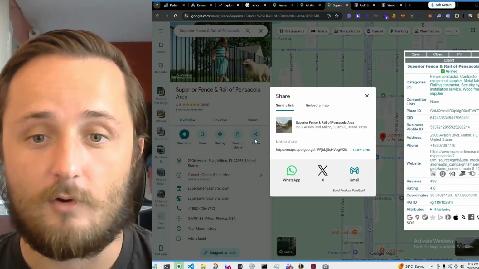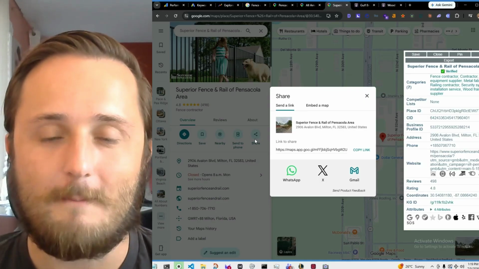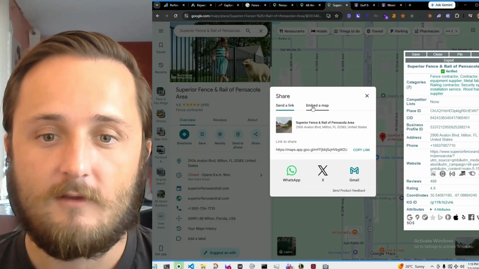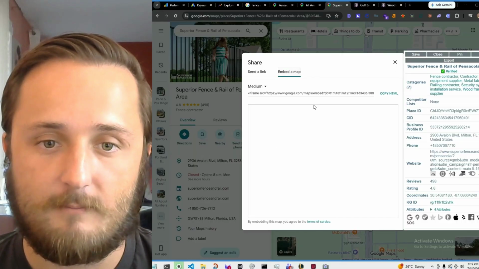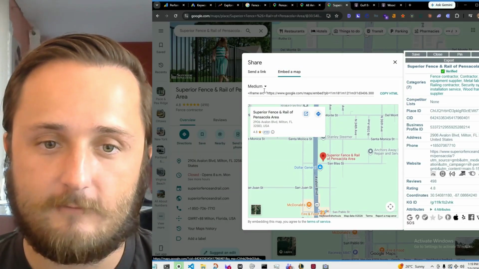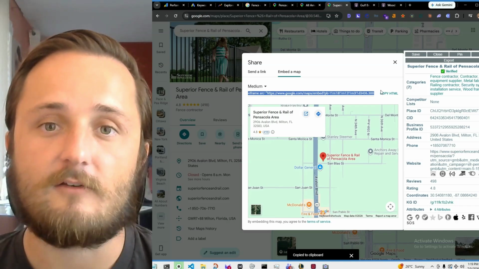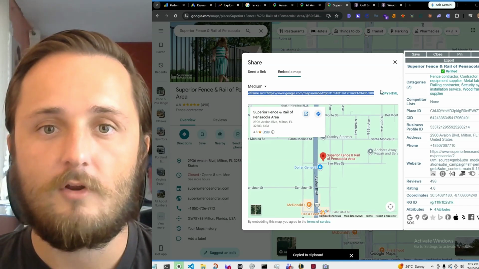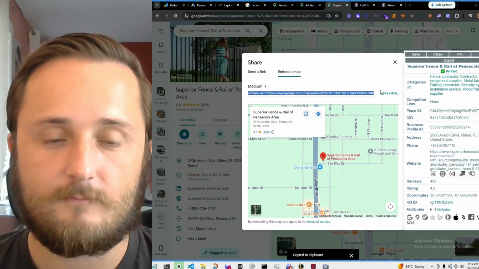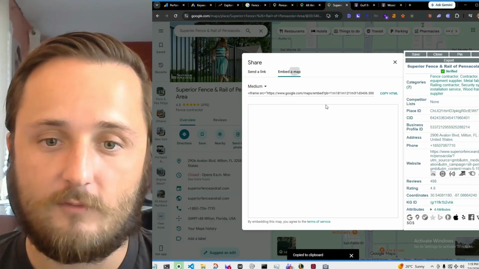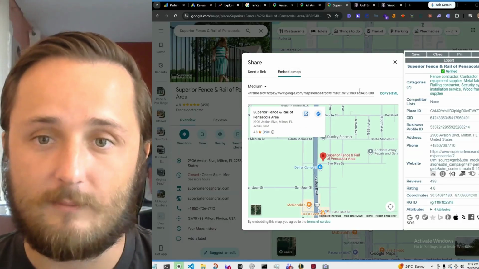Then when you go to fill out the press release, you want to embed your Google Maps. So we're going to go over here, go to embed a map, and take this iframe, this code, and that's also what you want to include when you send that press release off. Another thing is that we also want to embed this map on our website.